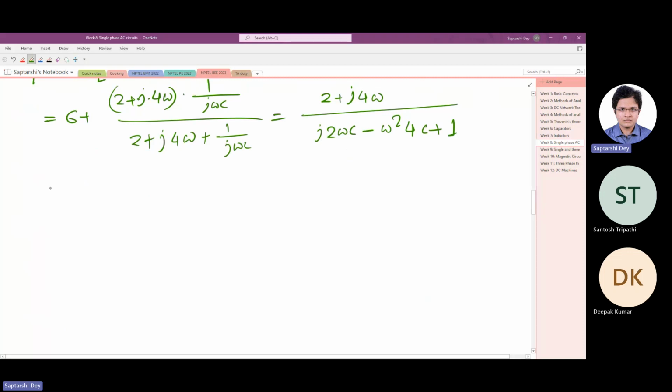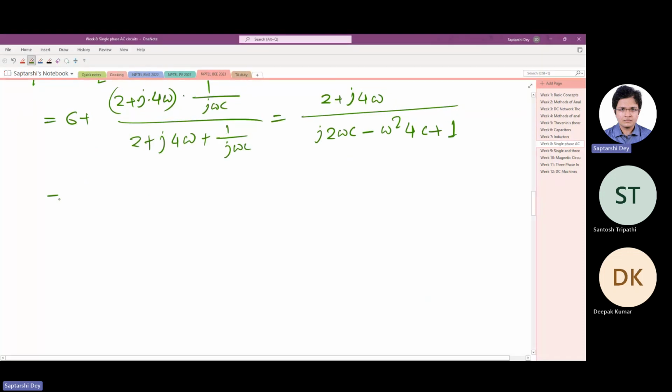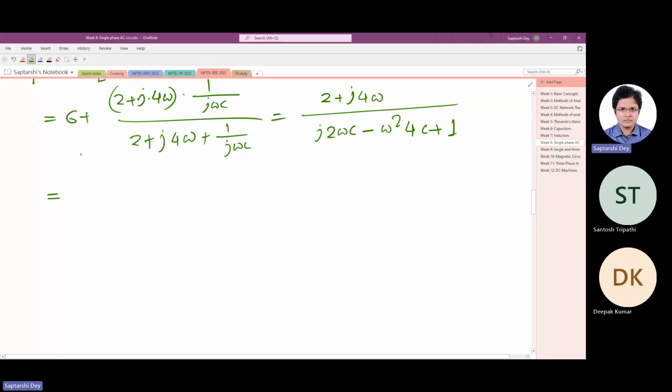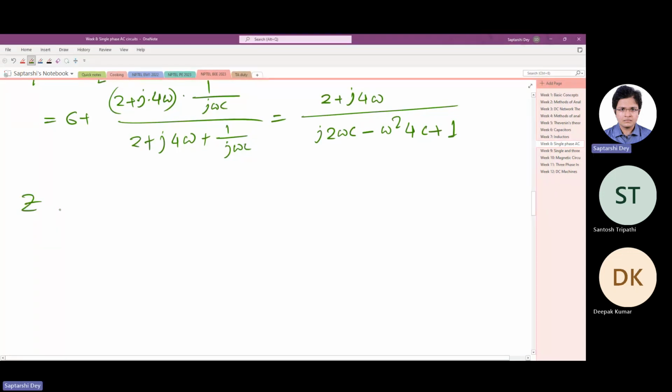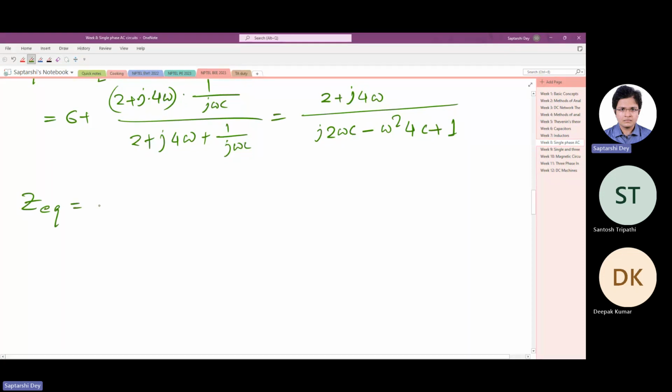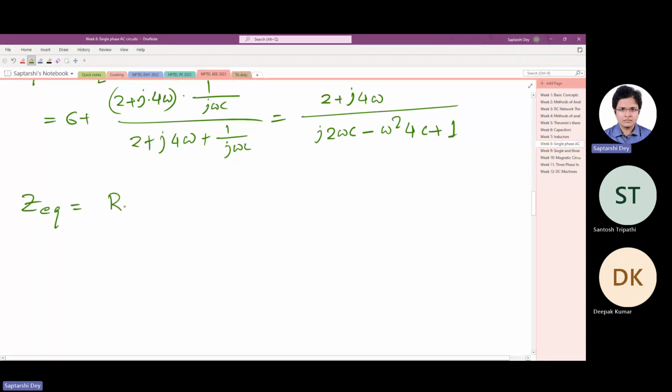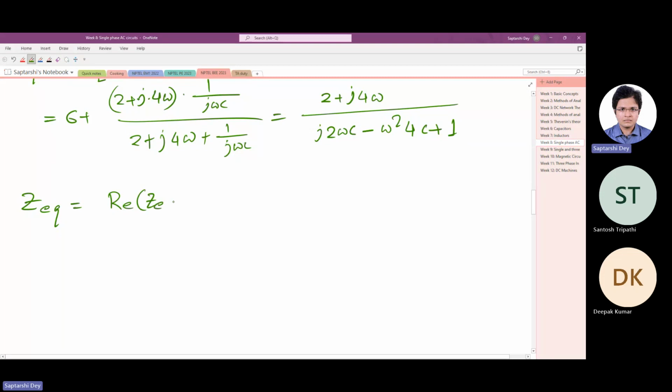So I'm not going through all the algebra. You can do it, I believe. So finally, what we have to get out of this is the imaginary part. Let me write the Z equivalent. Z equivalent will come out to be some real part and an imaginary part.